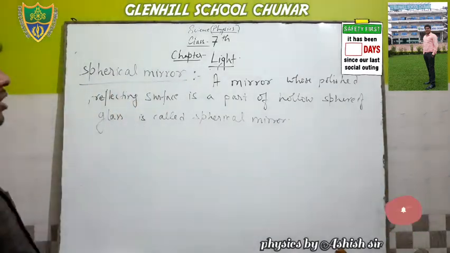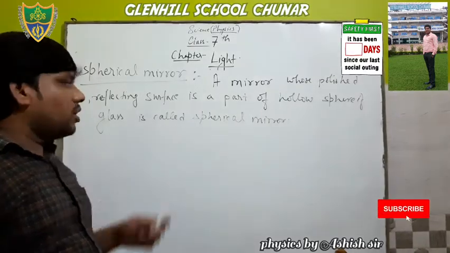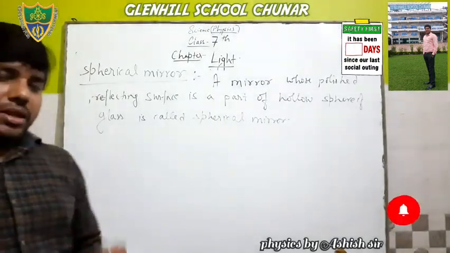Simply, a mirror whose polished reflecting surface is a part of a hollow sphere is called a spherical mirror. Okay.